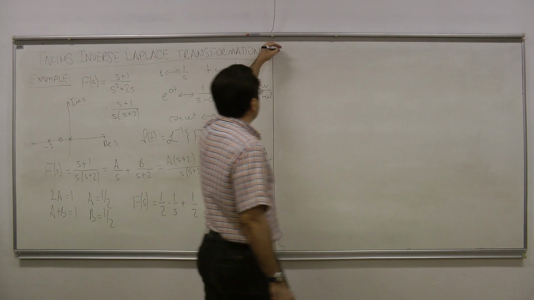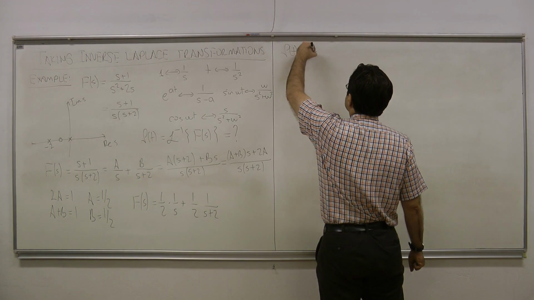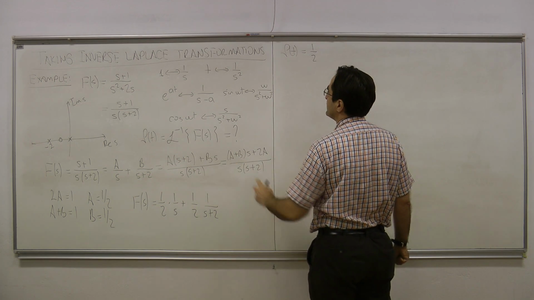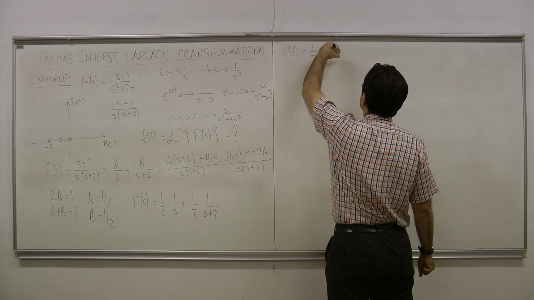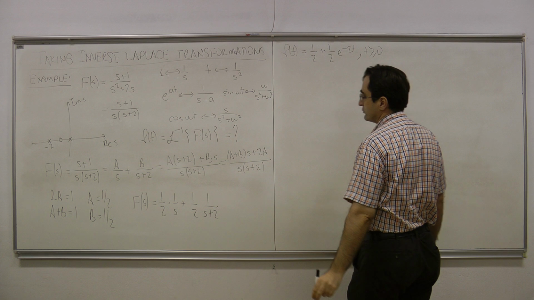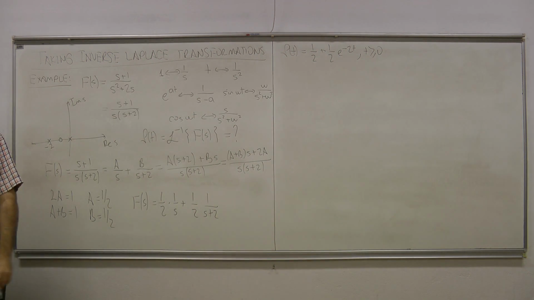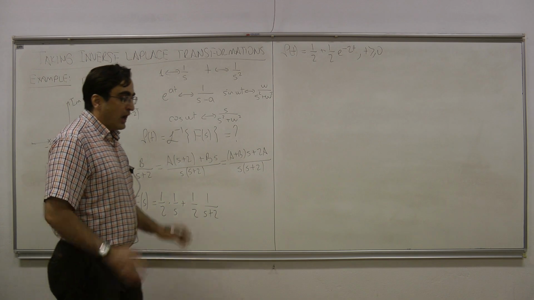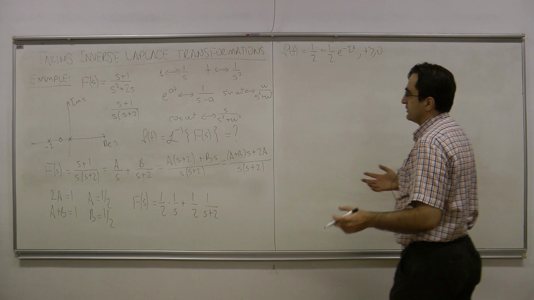Now I can write my f of t. It is equal to 1 over 2 times 1, which is the unit step function, plus 1 over 2 e to the minus 2t, and this is true for t larger than or equal to 0. So we solved this question by using partial fraction expansion. And the procedure is going to be more or less the same for all Laplace transformations.